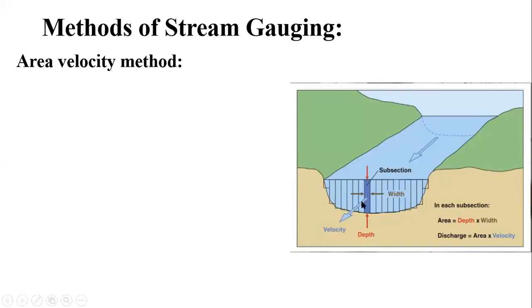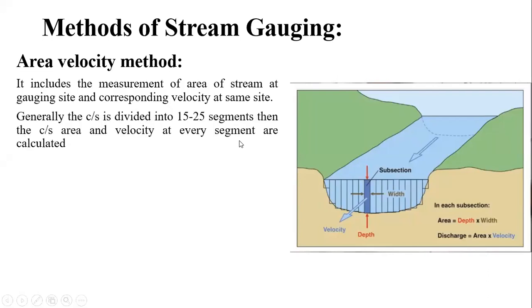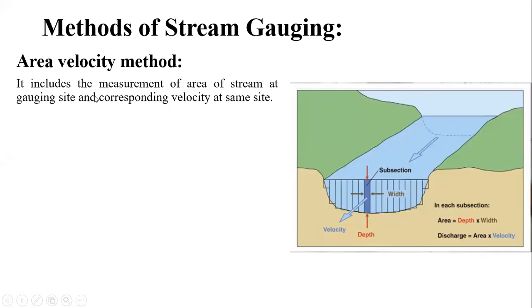But now how to measure the velocities? For measurement of velocity, we mostly use current meters, which we are going to discuss in detail now. In this method, it includes the measurement of the area of a stream at a gauging site and the corresponding velocity at the same site. So the area of a section and the velocity of a section.